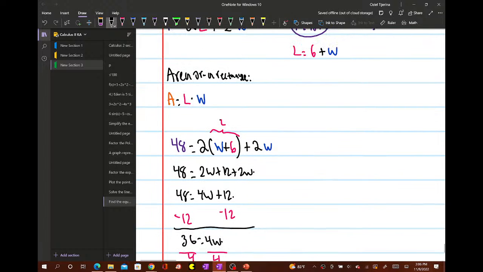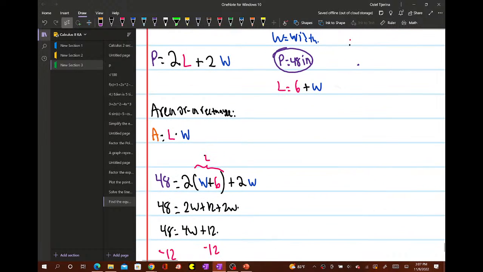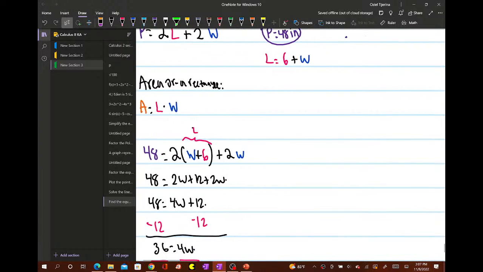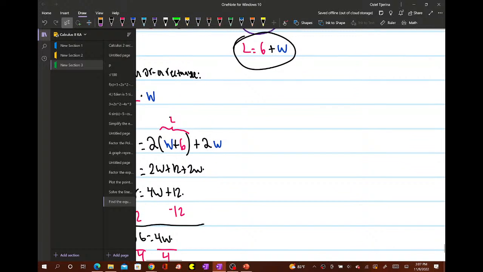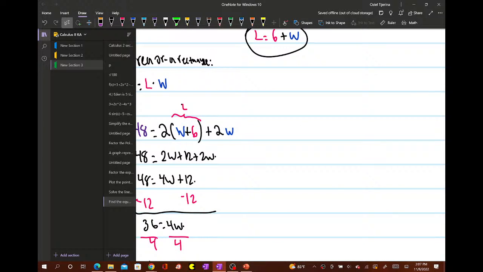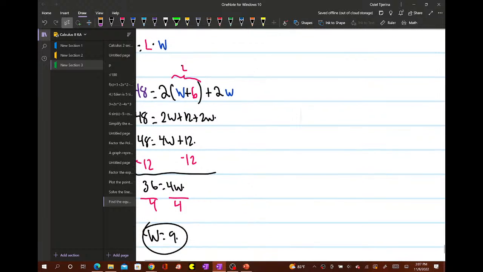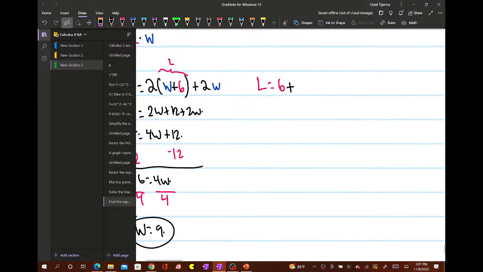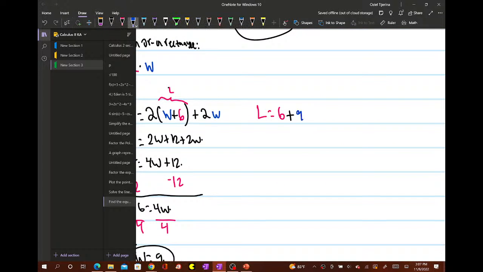And now we have to find the length. The length was 6 more than the width, so the length is 6 plus W, so W is 9, that means that the length must be 15.